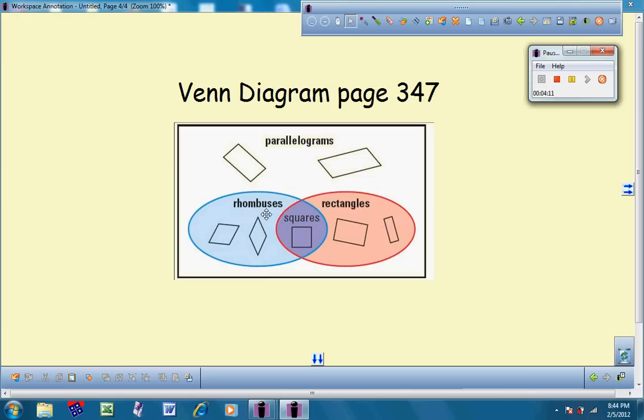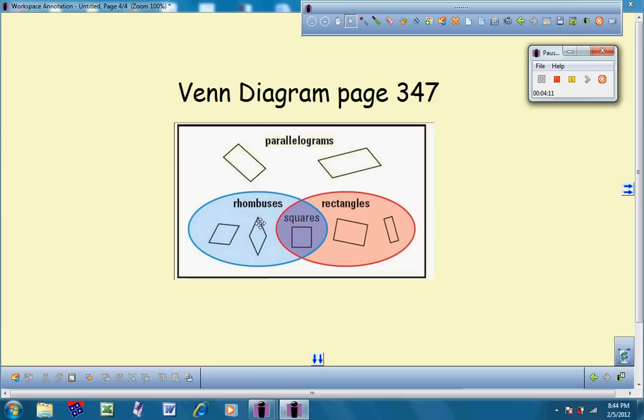We can see here that they show us three different types of rhombuses. And if we look real closely, we can see that a square can be a rhombus. And the same thing with a rectangle. A rectangle can also be a square.